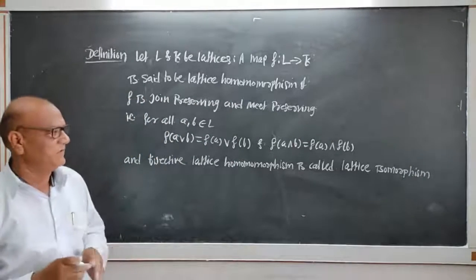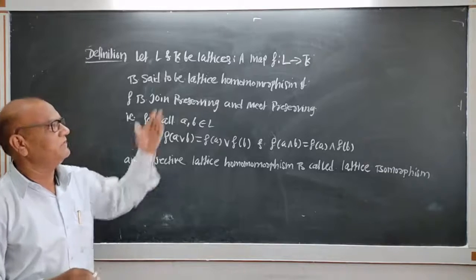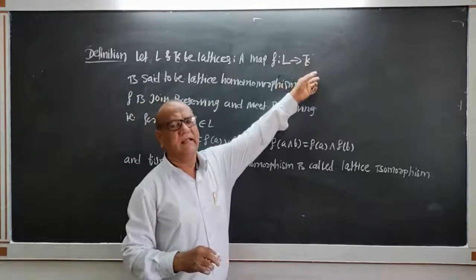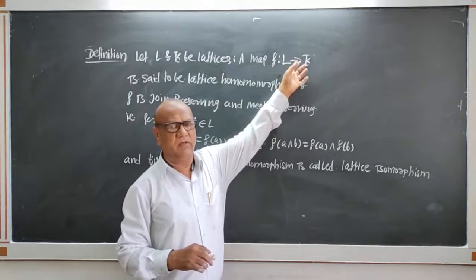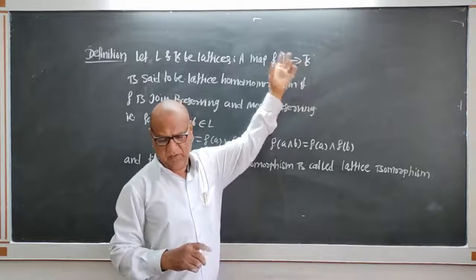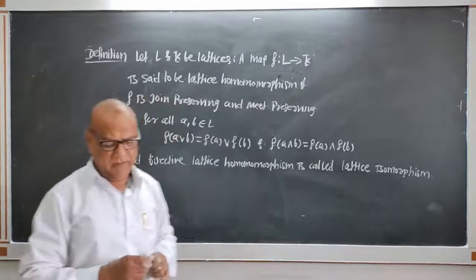If this map from L to K is one-one, onto and a homomorphism, then we say that both lattices L and K are isomorphic to each other.